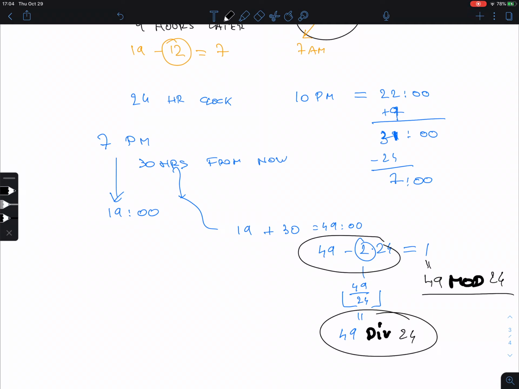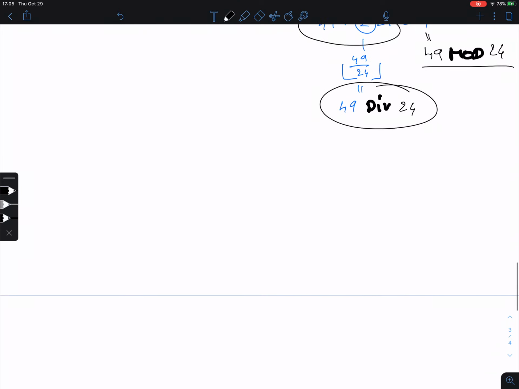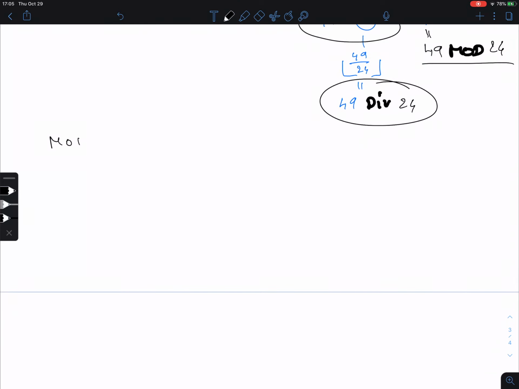I will talk about this later a little bit. So what we will now do is only work with remainders. Let's say we want to work modulo 24.